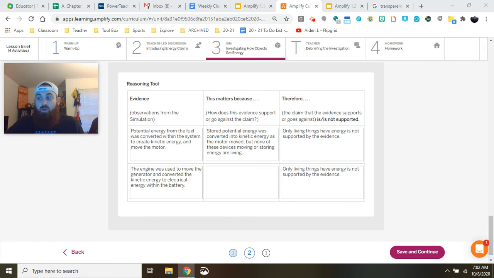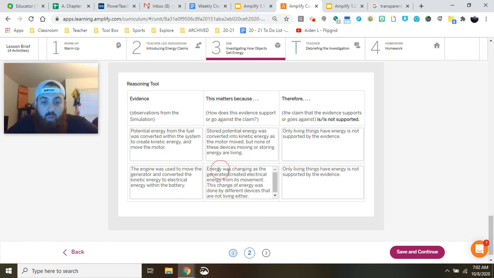But again, I need a reasoning to explain how. So let's explain how and why it matters. Energy was changing as the generator created electrical energy from its movement. This change of energy was done by different devices that are not living either. So again, if you notice, bada bing, bada boom, I have my reasoning done.